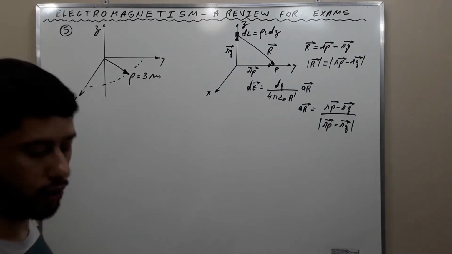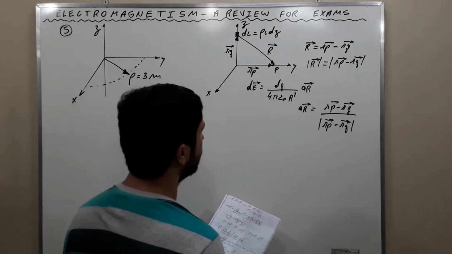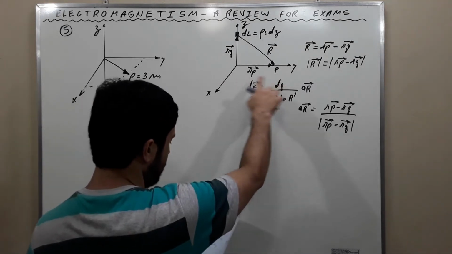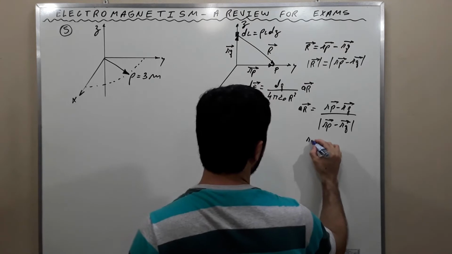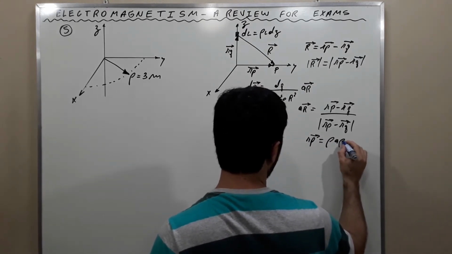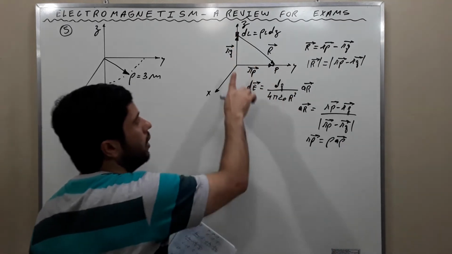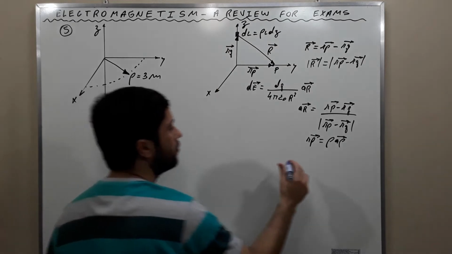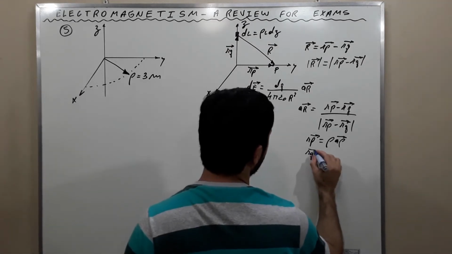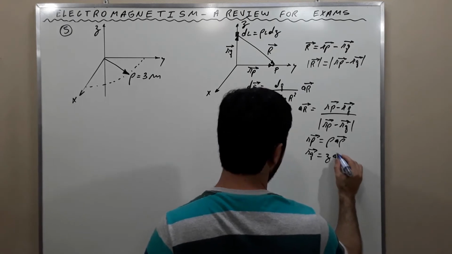Okay? And this in polar coordinates, RP in polar coordinates is rho a rho, and RQ in polar coordinates is z AZ.